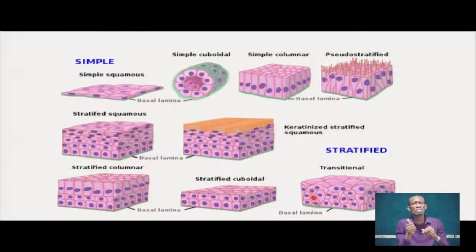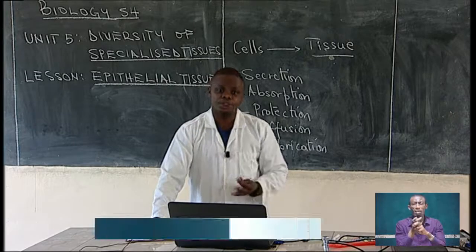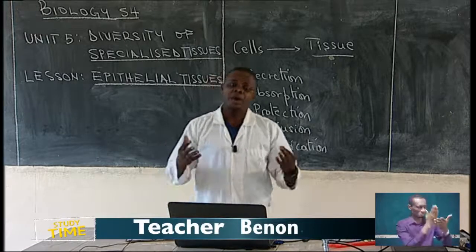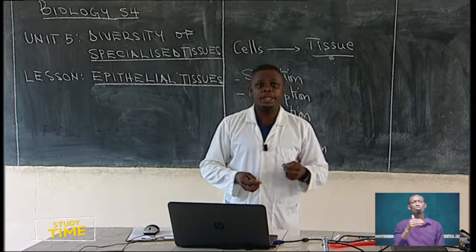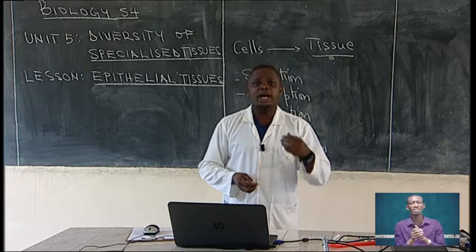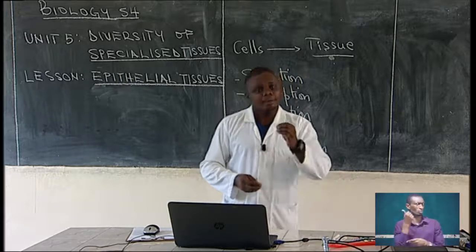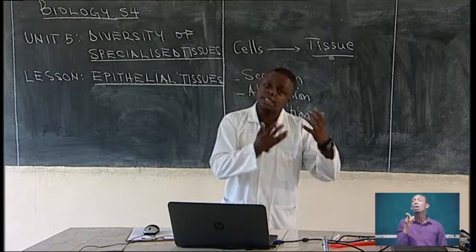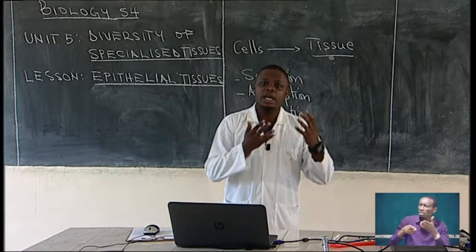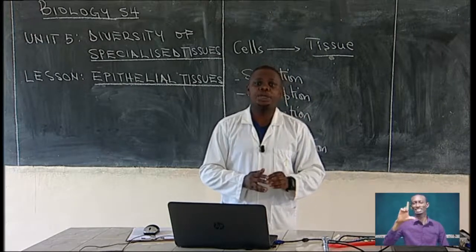You can see these are cells, and then they are in different layers which are not clear. So these are different types of epithelial tissues. And now you have understood what the term simple means, what the term stratified means, squamous, columnar, and cuboidal. Remember, we are talking about tissues, and a tissue is a group of similar cells which are specialized to perform a particular function.